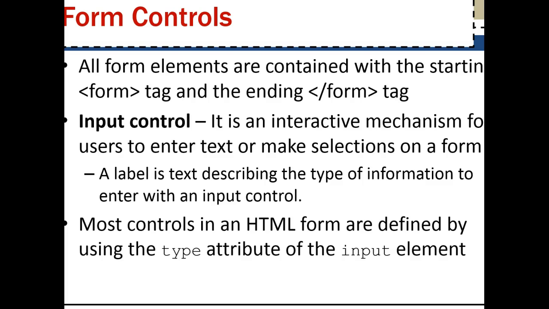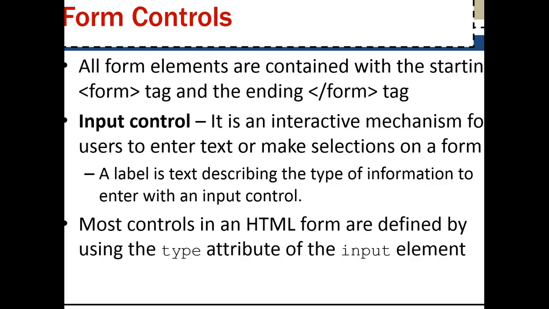So now let's talk about form controls. A form consists of a starting form tag as well as an ending form tag. All form elements are contained within the form, and you also use the closing form tag. Input controls are used within the form element to collect visitor information.